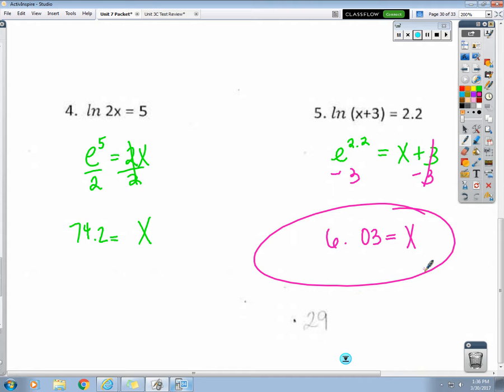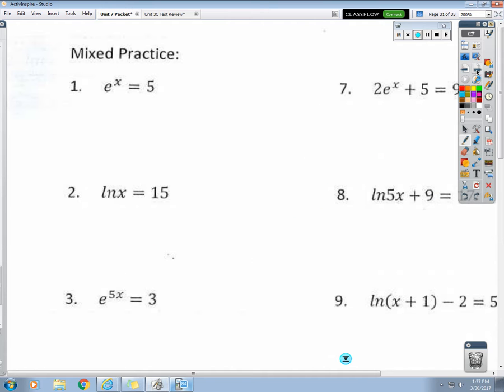Okay? Alright, now go to page 30. No, that's why we got to hurry, because we got to go back to some old stuff. Okay. e to the x equals 5.